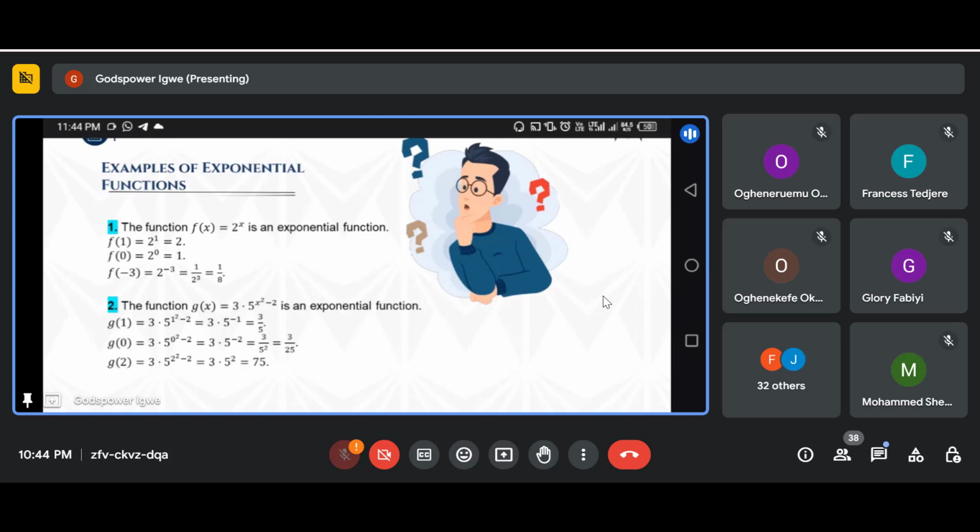If you multiply 3 times 1 over 5, you get 3 over 5. I hope you understand that.